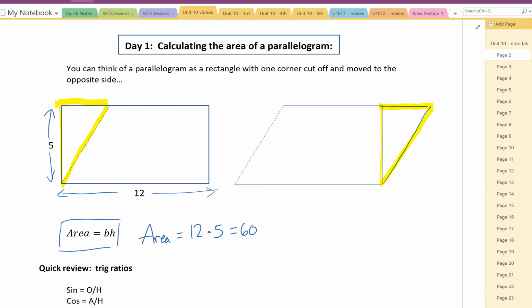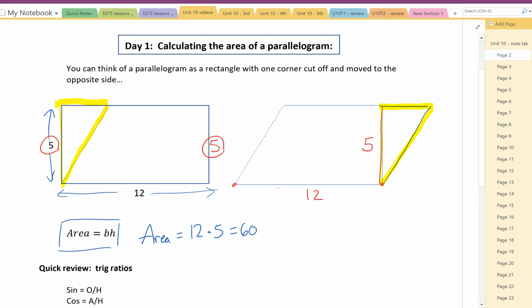What happens is that I calculate the area in the exact same way. I still know that this right here is 5, right? Because if this side over here is 5, then this side over here would be 5. So I know that the height of this parallelogram would be 5. The base is still going to be 12, right? Because I didn't change anything on this bottom side.